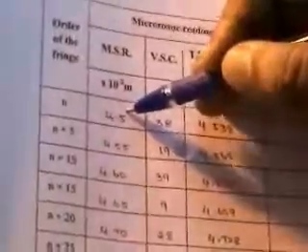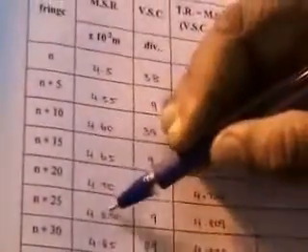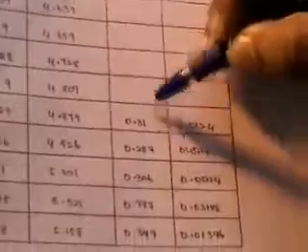Now to find the fringe width, as you have done in Young's modulus, we need the width of 25 fringes here. So the n plus 25th reading minus the nth reading, the difference between the two, will give you the width of 25 fringes.